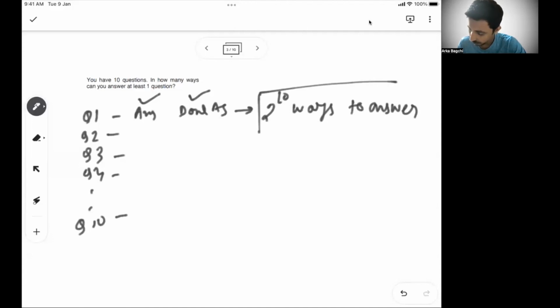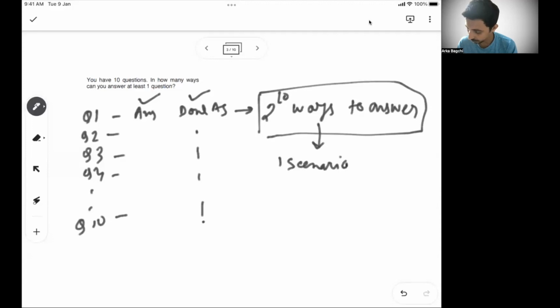So in total there are 2 to the power 10 ways to answer, but this is not your answer. In how many ways can you answer at least one question? In that total, there is one scenario where you choose don't answer for all of them. There is only one scenario possible when you will not answer any question.